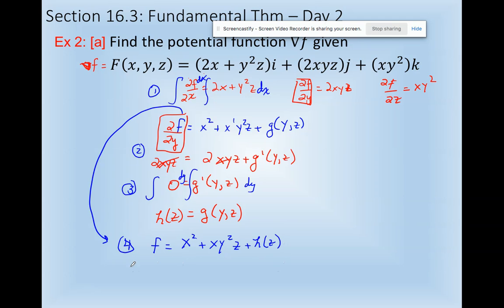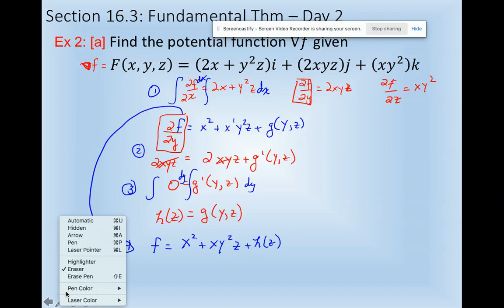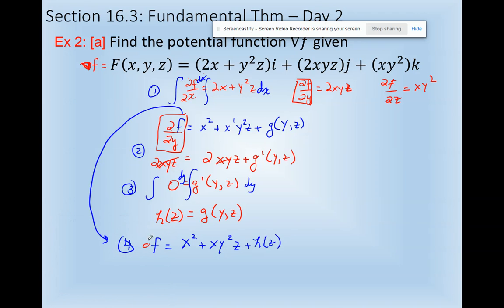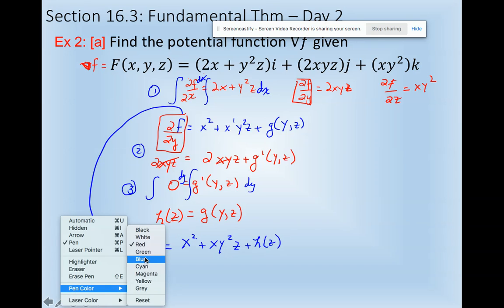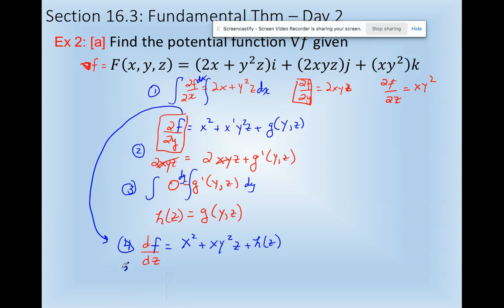Now it's like lather, rinse, and repeat, right? I am going to, well, let me do it down there so I don't have to rewrite this. I am going to differentiate with respect to who? Z. And what am I going to get?